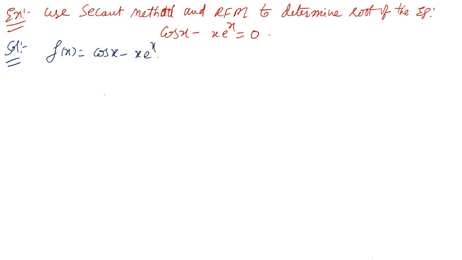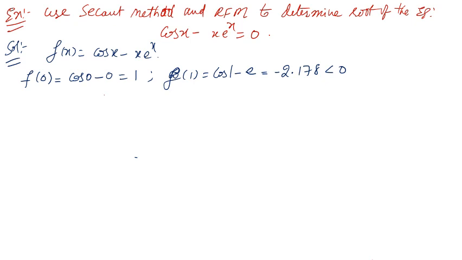First locate the interval by using the intermediate value theorem. Take any choice of x values, but you should take x in radians, because a trigonometric function is there. f of 0 is cosine 0 minus 0, which is 1, greater than 0. f of 1 is cosine 1 minus e power 1, which is minus 2.178, less than 0. Since f of 0 is positive and f of 1 is negative, the product is less than 0.